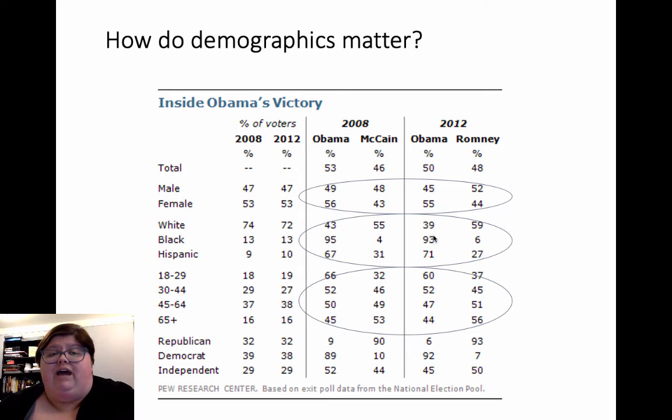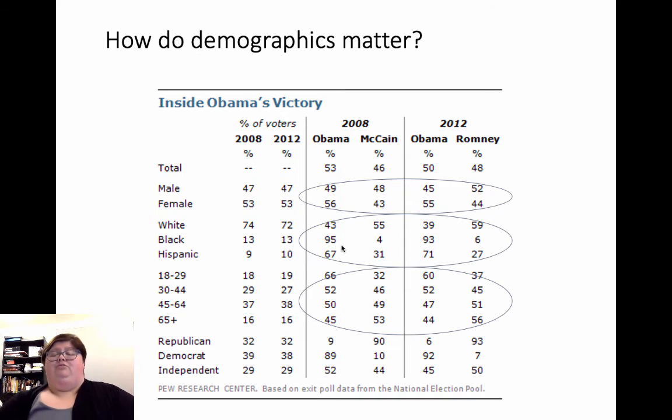Pretty typical of how people in general vote. Women tend to vote more Democratic than men do. People of color tend to vote more Democratic than white people who tend to vote more conservatively or Republican. And people as they age tend to be more conservative or Republican in this case than liberal, right?